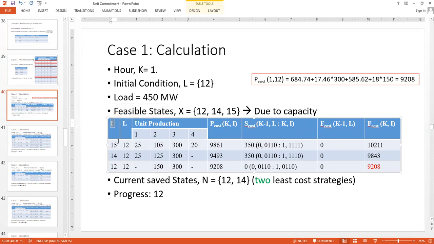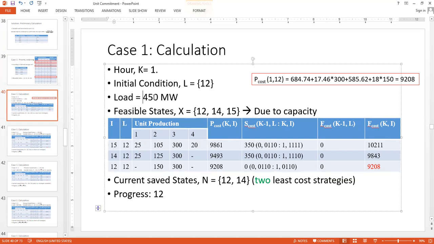That means we may jump from our initial 0110 status to 12, or 15, or 14. All of these 12, 14, and 15 are candidate solutions because all of them can satisfy a demand of 450 megawatt. But which one is the most optimal? We have to search for it following the dynamic programming algorithm.